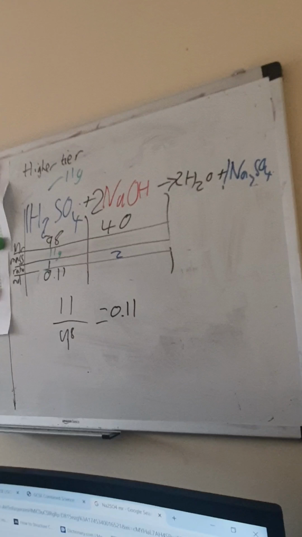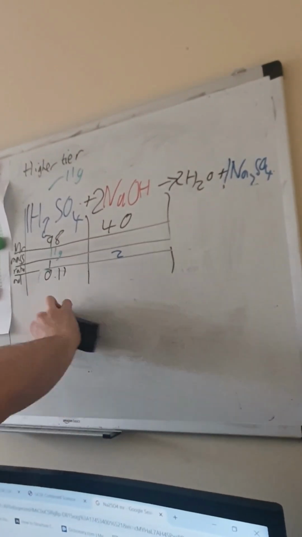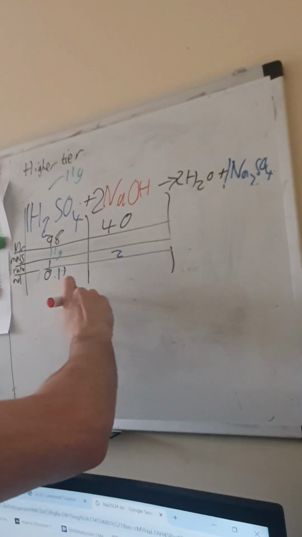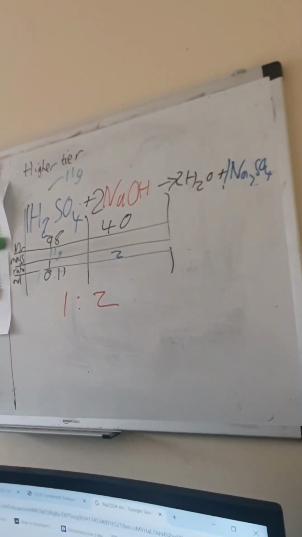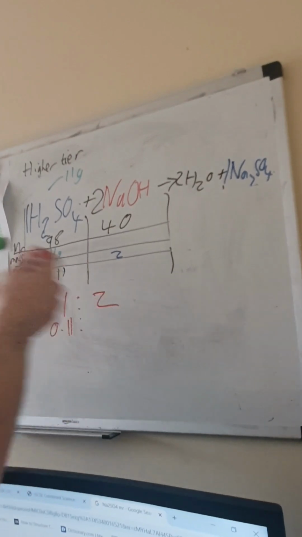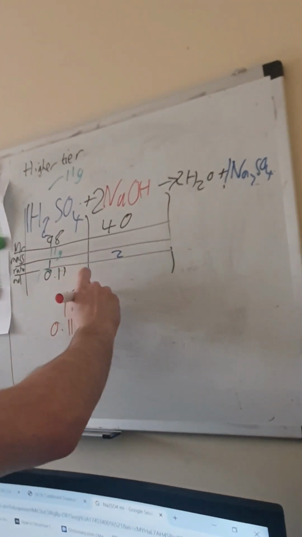And this is where it's different. Okay, this is the most difficult part, when we do our ratio. So we have a ratio of 1 to 2. And we have our moles of 0.11 to something else, and we don't know what this something else is. So what do we do to 1 to get it to 2?